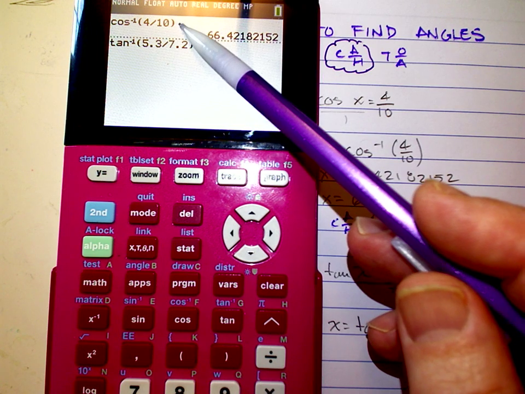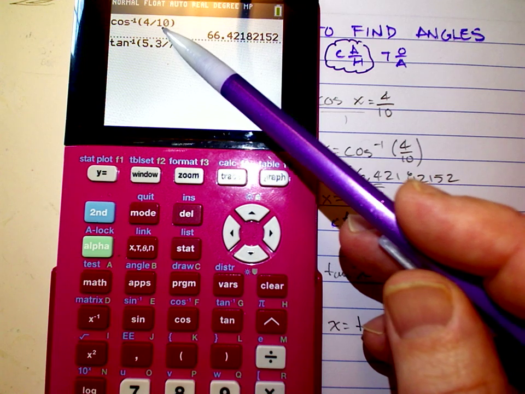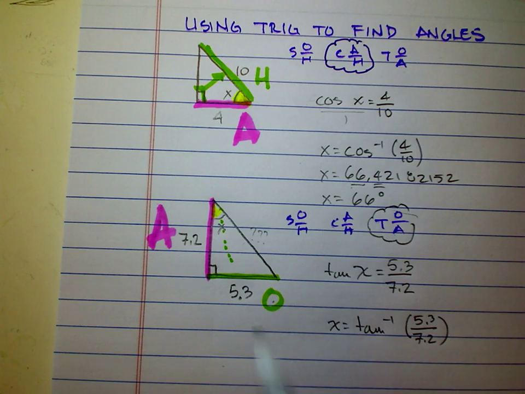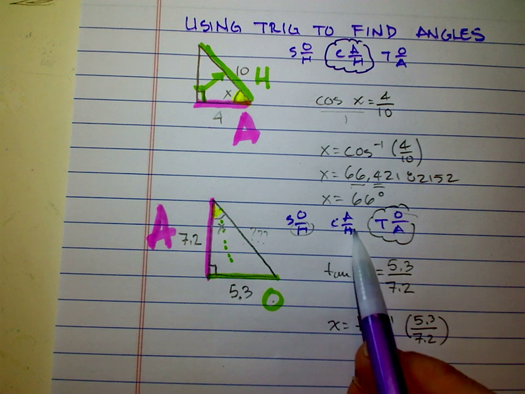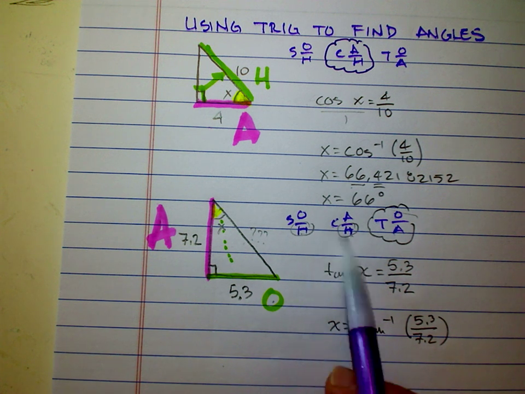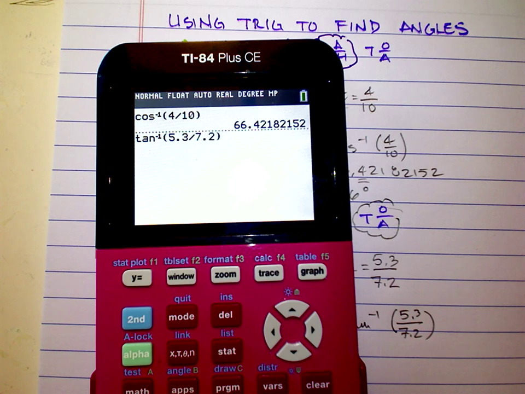Our sines and cosines will always have the larger number in the denominator because sine and cosine, as you can see from our SOH, CAH, and TOA, have H as the denominator. H always has to be the longest side in the right triangle, so therefore the larger number is always going to appear there, but not necessarily the case with our tangent. So that was just a quick little side note for you.